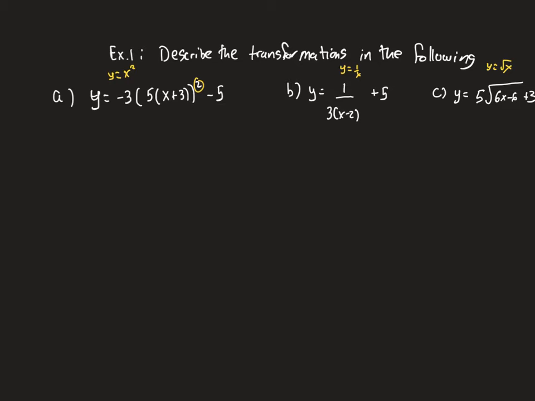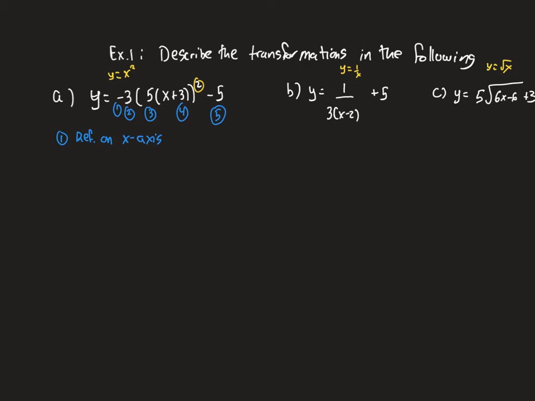So I should label my transformation. So if I see a negative, well, that's 1, that's 2, that's 3, that's 4, and that's 5. I should have 5 transformations when all is said and done. So 1, I see the negative outside, which means this is a reflection on the x-axis.